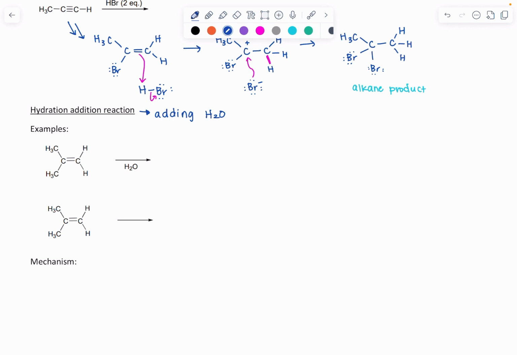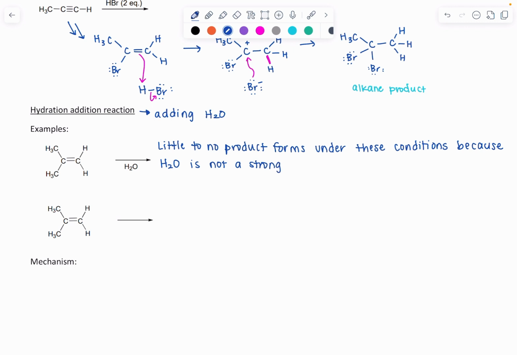I'll write a note here: little to no product forms under these conditions. It's not going to donate its H plus as easily as a strong acid would.